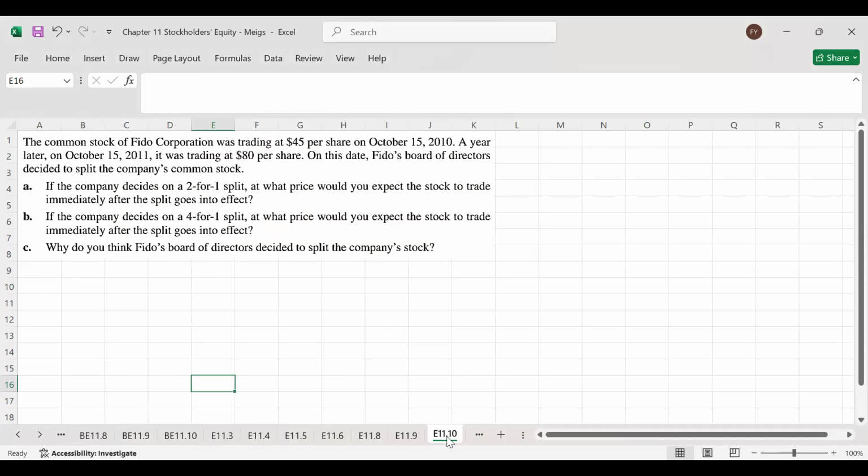The common stock of the corporation was trading at $45 per share on October 15, 2010.